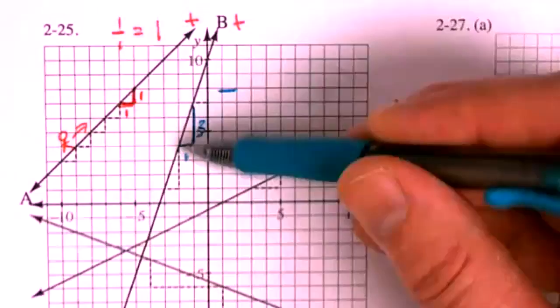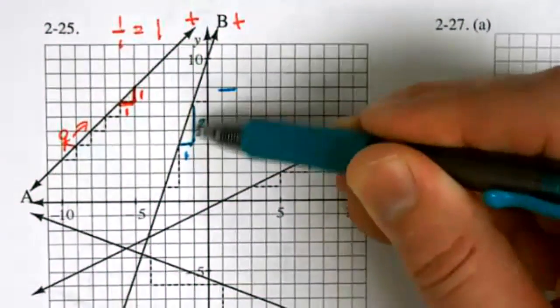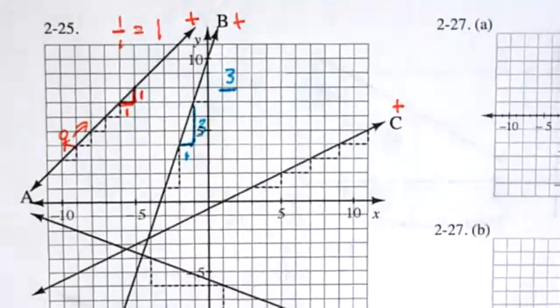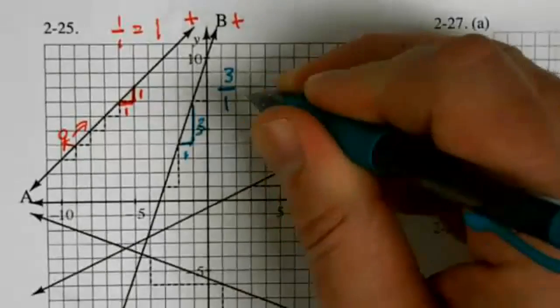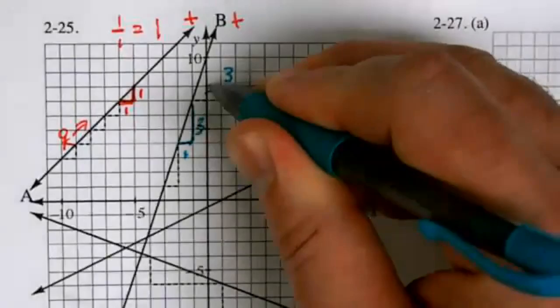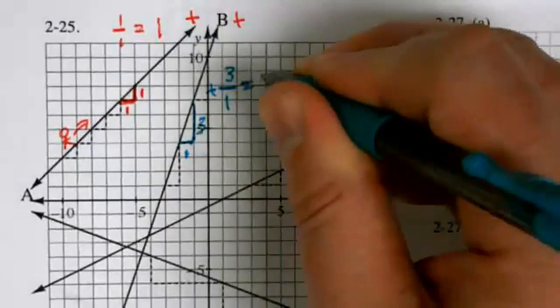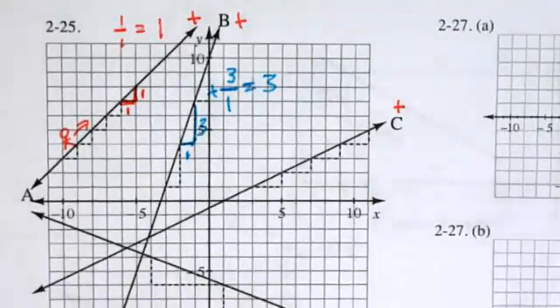So the one of these numbers that's in the y direction is definitely the 3. 3 is going up and down. That's our rise, and our run is 1. So 3 over 1, it's positive 3 over 1. 3 divided by 1 is just 3. So we would say the slope of that line is 3.